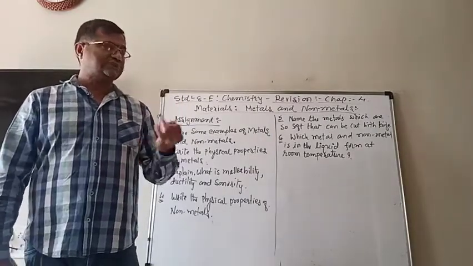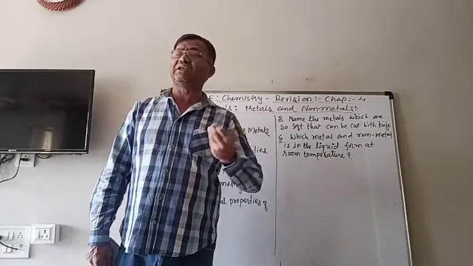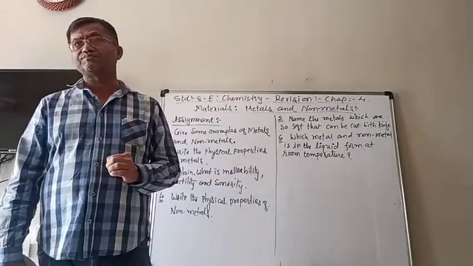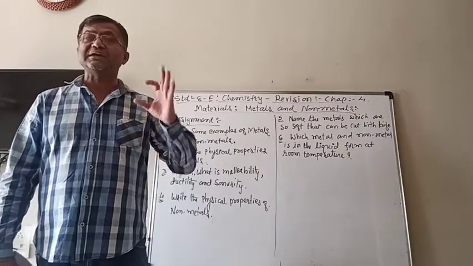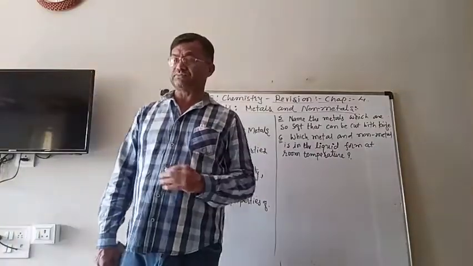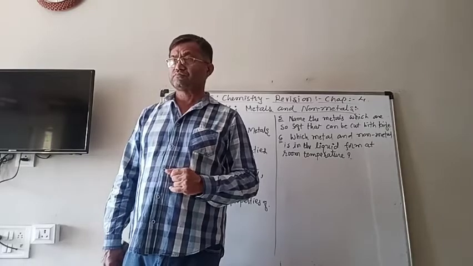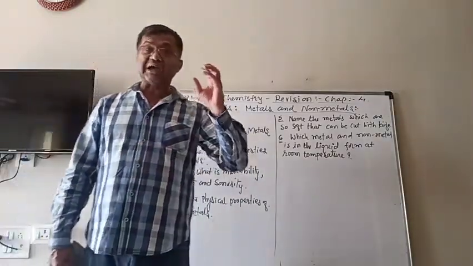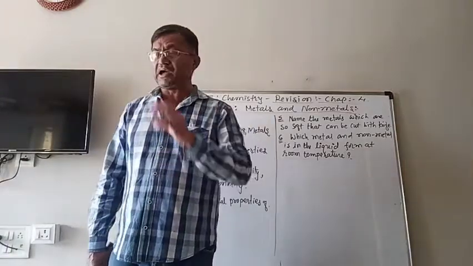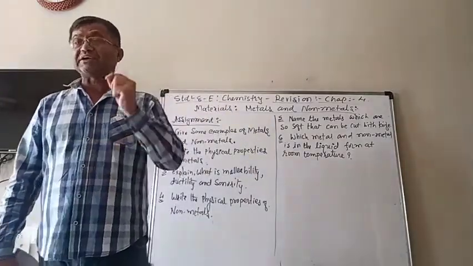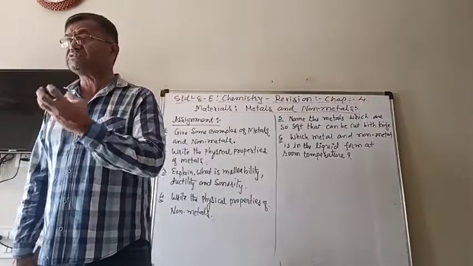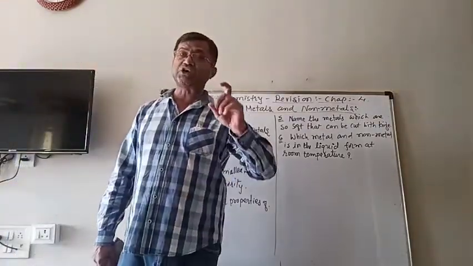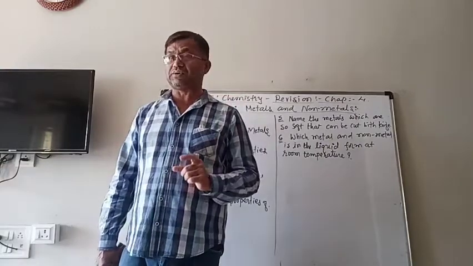Secondly, the next physical property: generally all non-metals are poor conductors of heat and electricity. But as an exception, the diamond is a good conductor of heat, and the graphite that you use as the lead of the pencil is a good conductor of electricity.